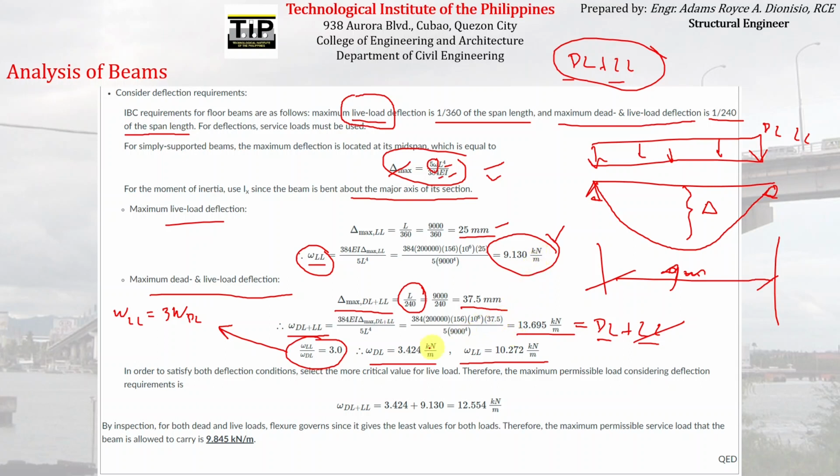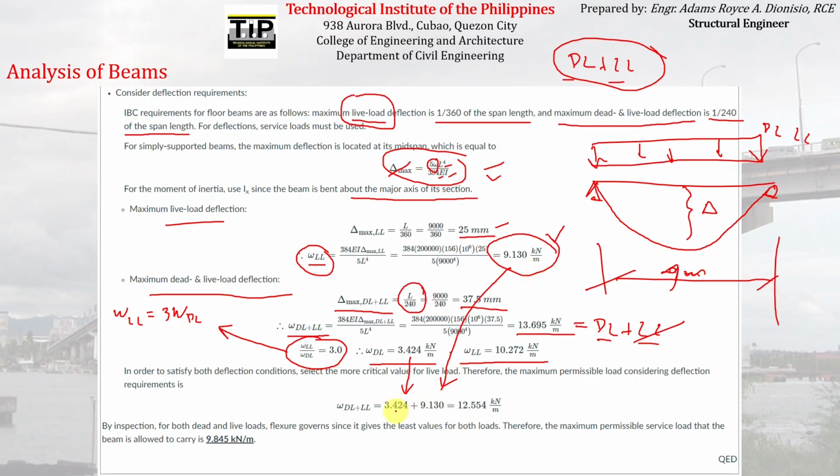So therefore, the dead load that will be induced here, that will ensure that the deflection that it will produce will not exceed the allowable deflection by the code, is equal to 3.424, and the live load that must be imposed here that will produce deflection that will not exceed the allowable deflection allowed by the code is equal to 9.13 because it is the lower live load.